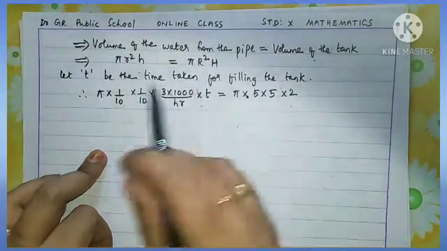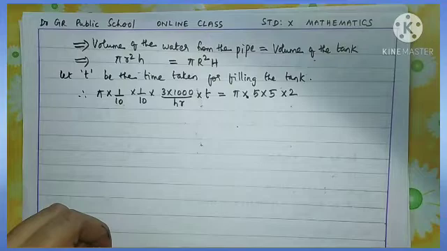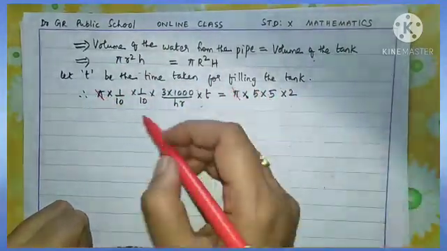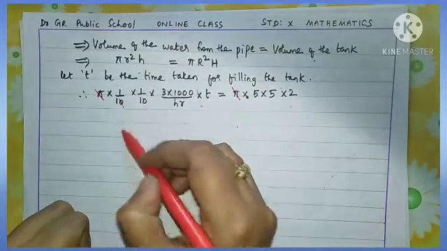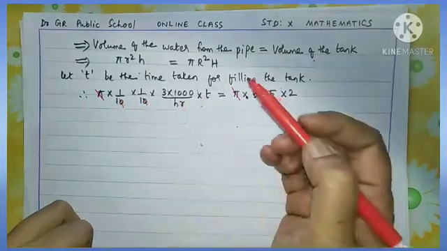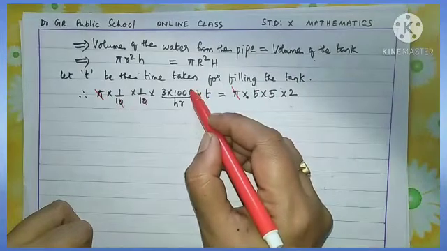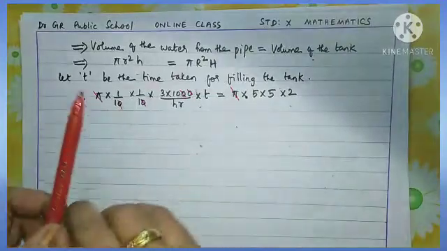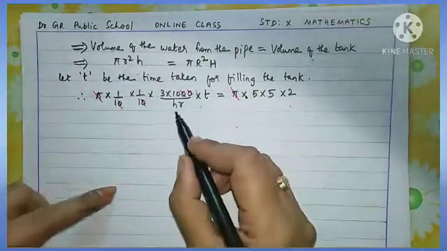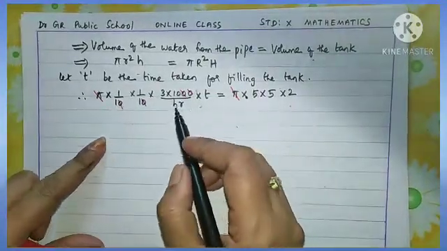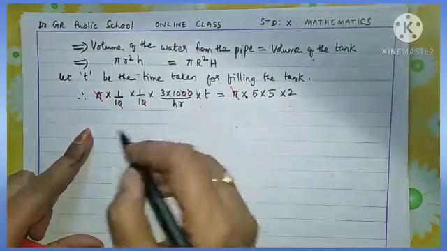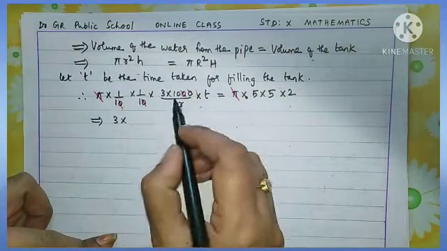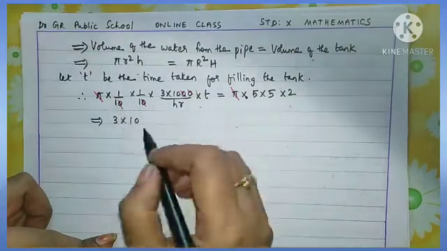Okay, now we can do the calculations. Here you see both sides pi is present, so pi can be cancelled, and here you see 100, and here also 2 zeros we can cancel. Now children, one thing I forgot to tell you, hour is also converted to minutes. So we can write 3 into 10, others are cancelled.